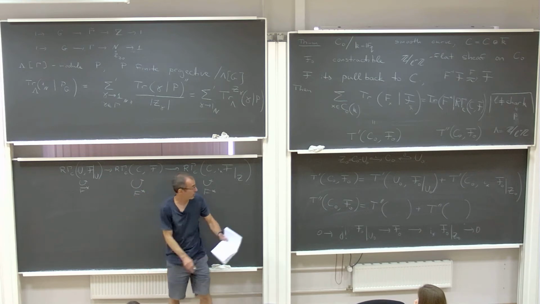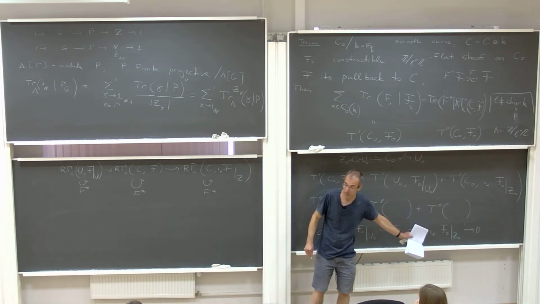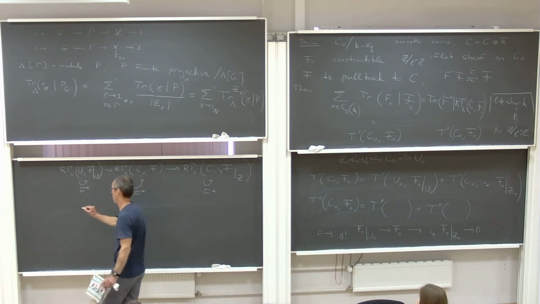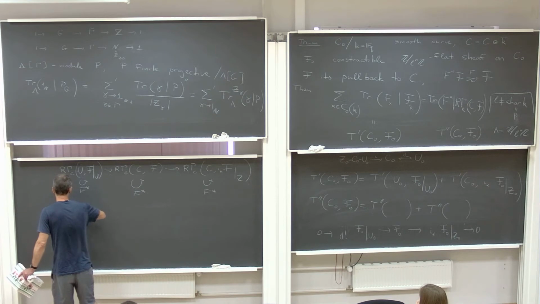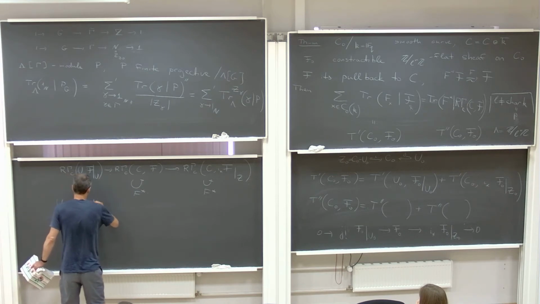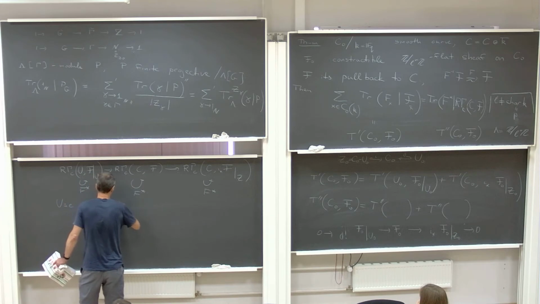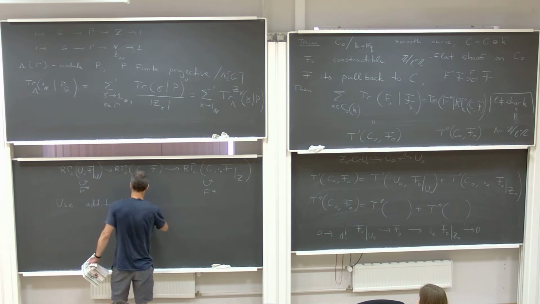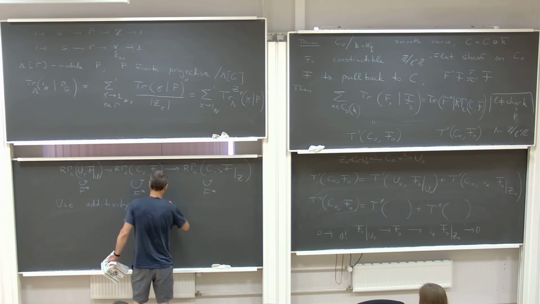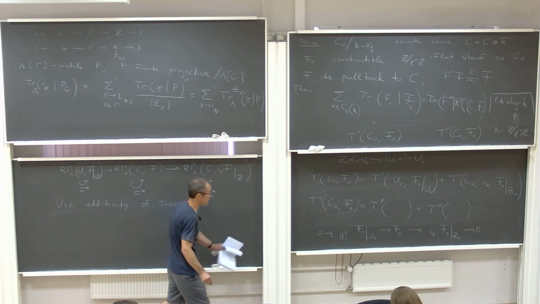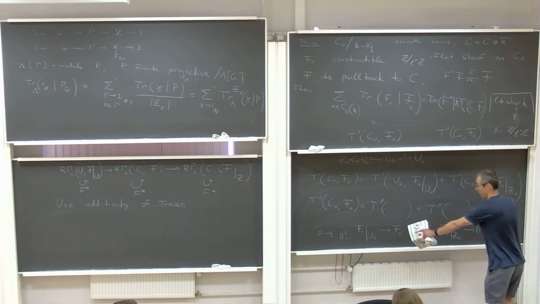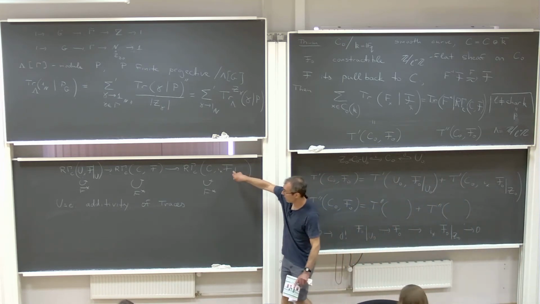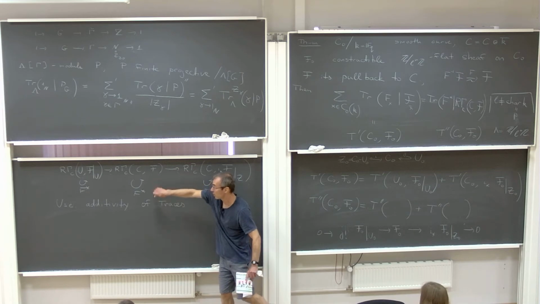For exact triangles coming from short exact sequences of sheaves, this additivity still holds. So we use additivity of traces, and I will not recall this proof, which was based on the notion of filtered categories. So you use additivity of traces for short exact sequences of sheaves. It's not a general statement about exact triangles with endomorphism.